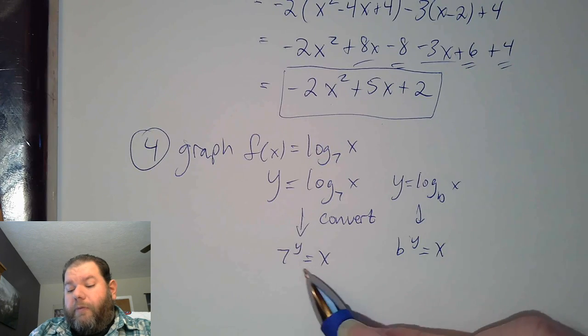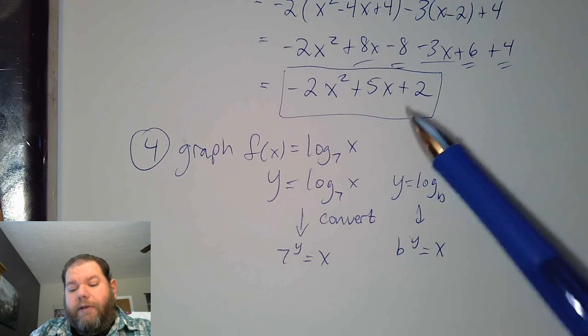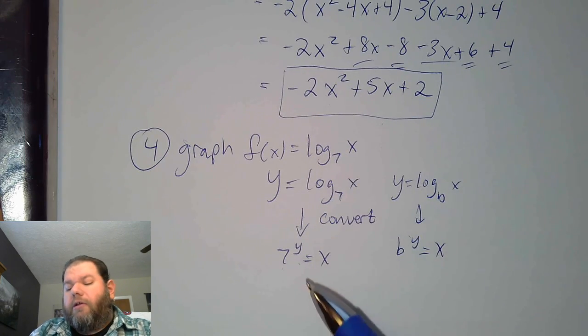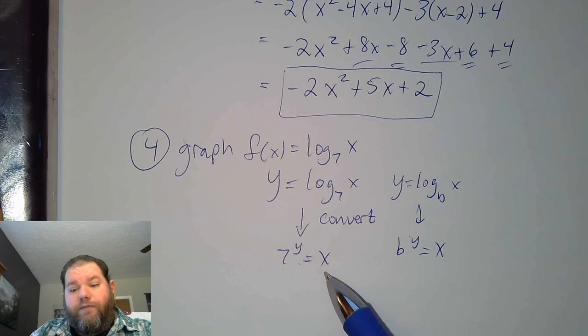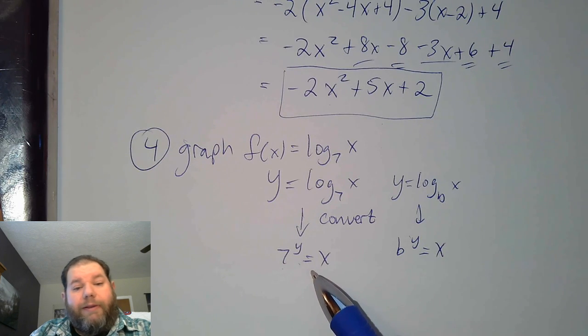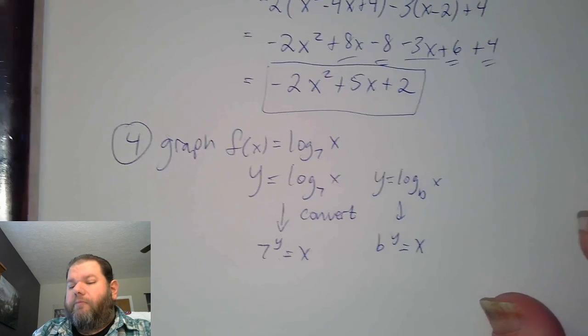Now, this is equivalent to log base 7 of x. So if we graph this, it's the same thing as graphing that. Now, the reason we chose to use this form, using the conversion formula, is that this one actually allows us to more easily plug in values for y and solve for x.